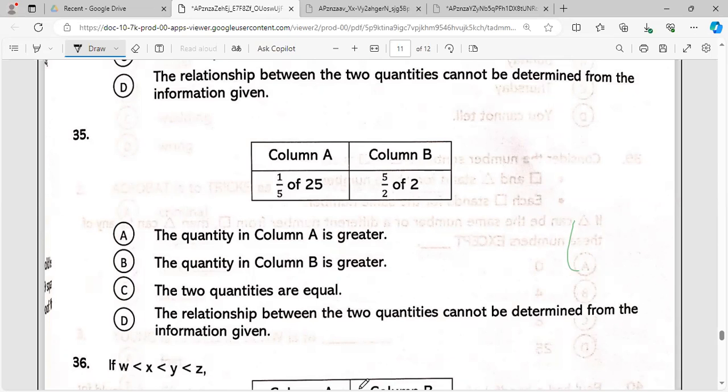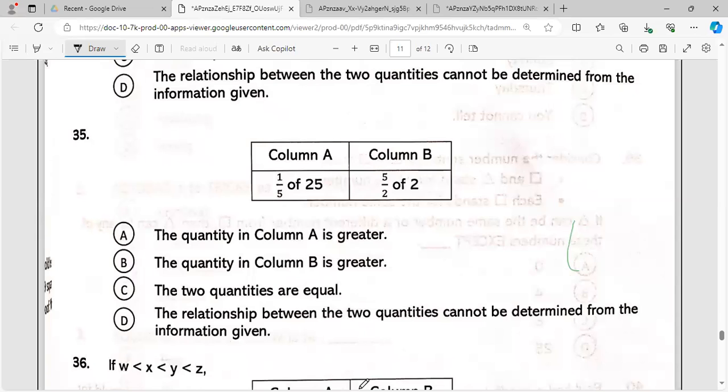Take your time. In the meantime, guys, work it out. So I'm finding one 5. Sir, I forgot my answer. Sir, C. The two quantities are equal.